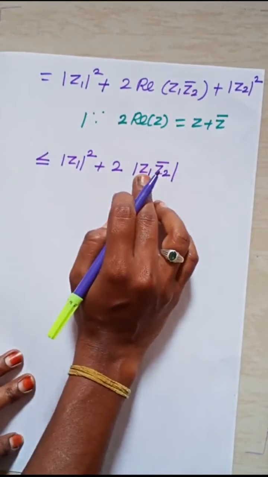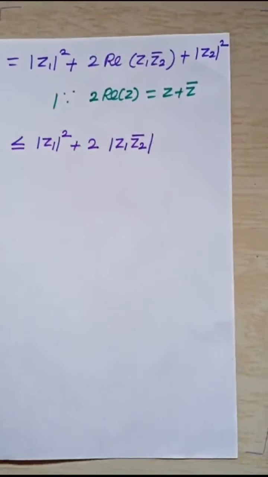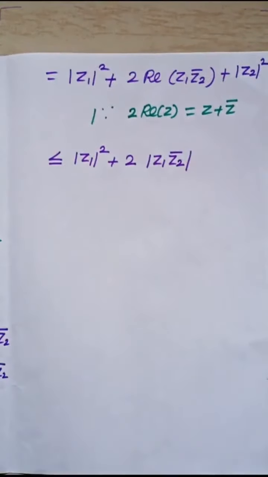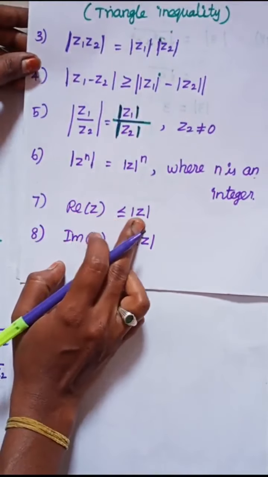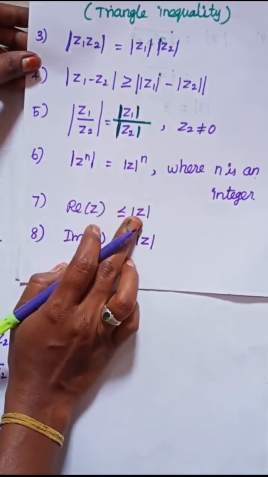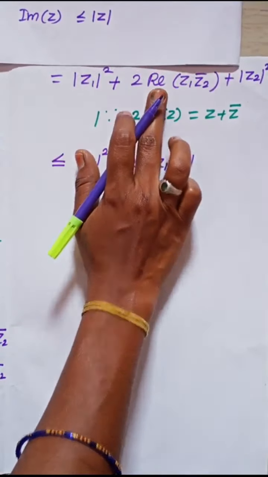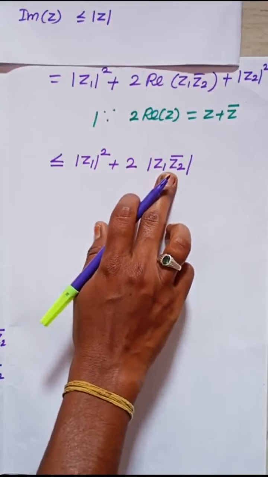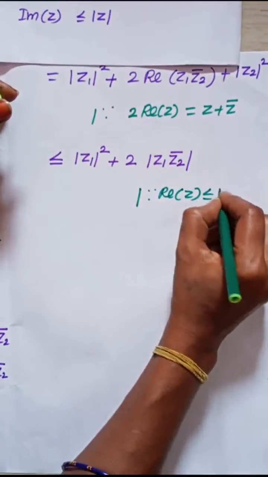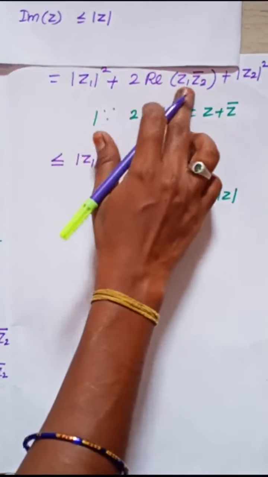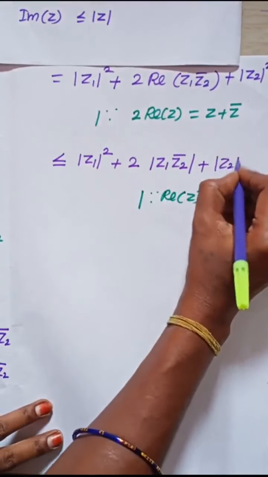Inside the bracket terms as usual, only the real part we leave, because of the property: real of z is less than or equal to modulus of z. Since real of z is less than or equal to modulus of z, here z is z1 z2 bar, so modulus of z1 z2 bar plus modulus of z2 square.